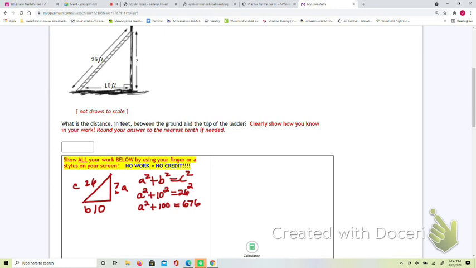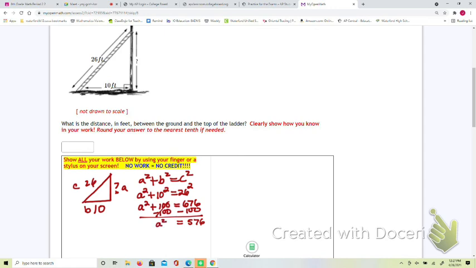How do we undo addition? Subtraction. So we have to minus 100, minus 100. Can everybody type that in or write that in? What's 676 minus 100? 576. So 576 equals a squared, because 100 minus 100 is 0, right?